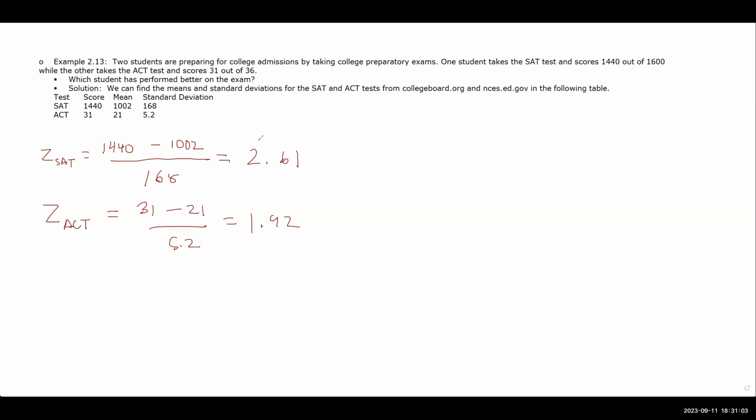The z-score for the SAT student is larger, meaning this is further away from the mean compared to this guy. The z-score for SAT is 2.61 standard deviations from the mean. For the ACT it is 1.92. So because this is a bigger number, the SAT student is further out to the extreme, or further away from the mean, meaning this student did better than the ACT student.